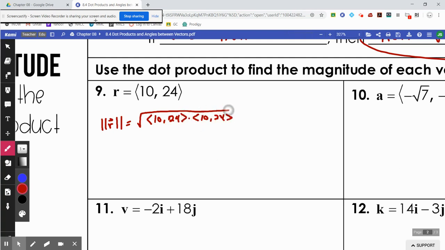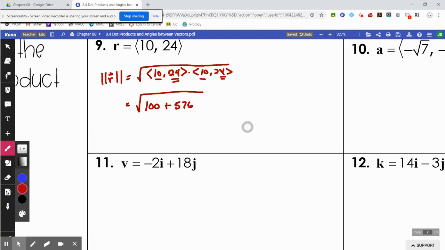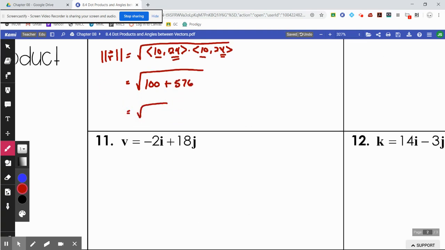Now I'm not going to write down all this information every time. I'm just showing you that's what I'm doing. So to dot product it with itself, we're going to do 10 times 10, which is 100, plus 24 times 24, which is 576. So you get the square root of 676, which is 26.